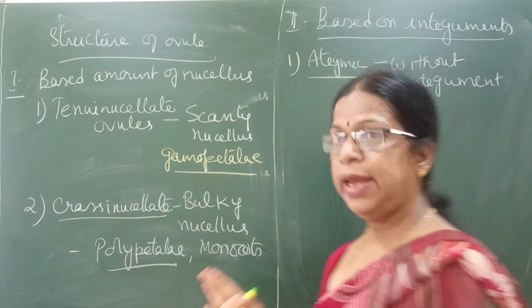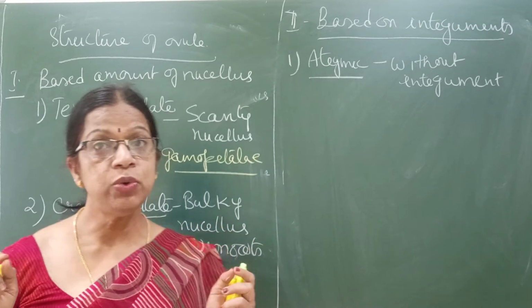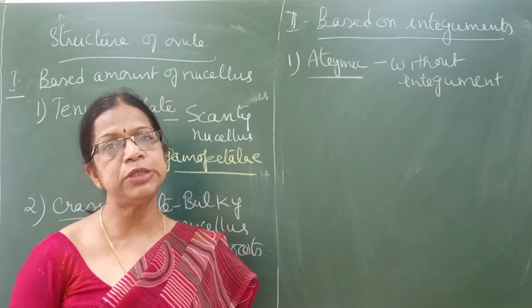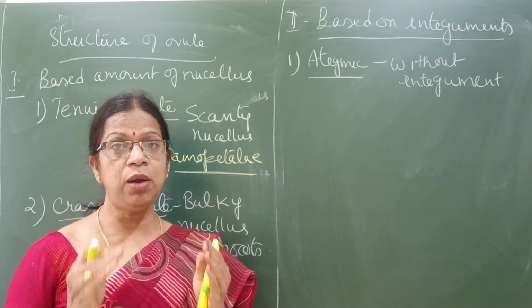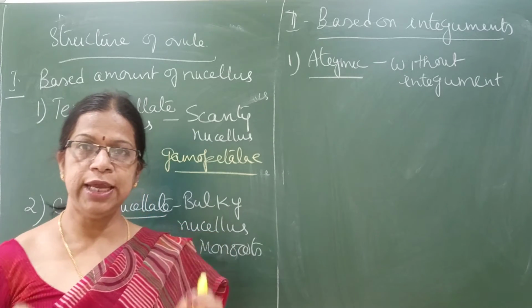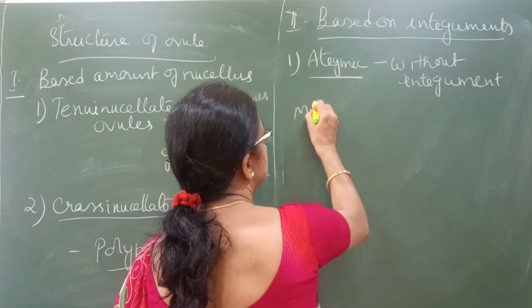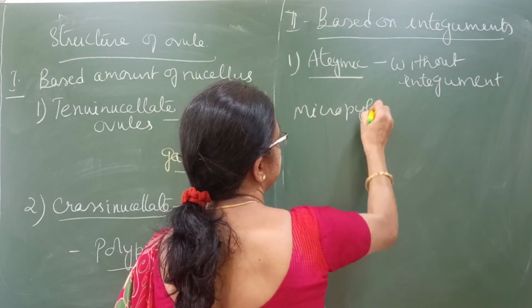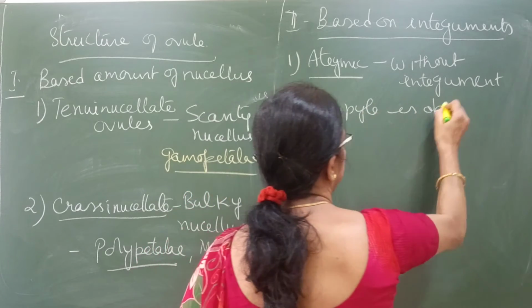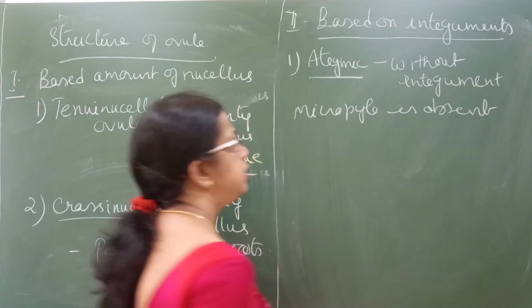If there are ategmic ovules, that is, without integument, which structure should be absent here? Micropyle is formed from integuments, so the micropyle is absent.